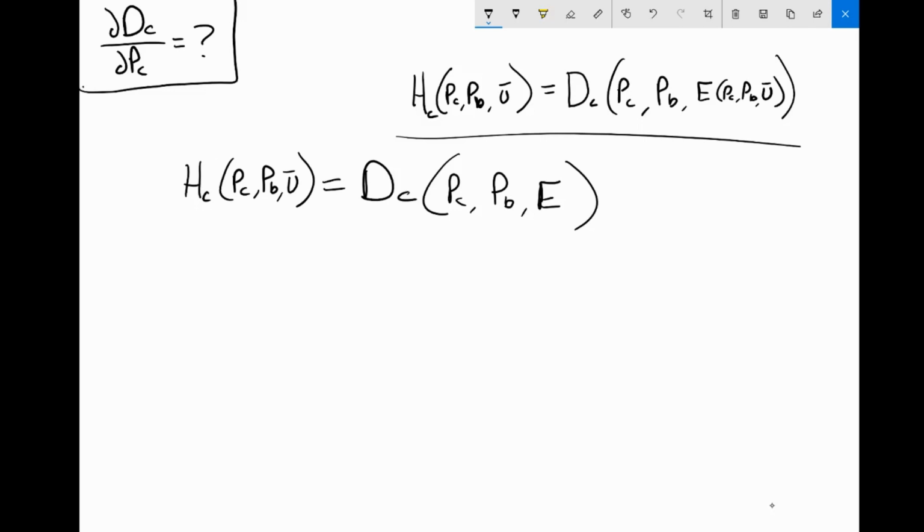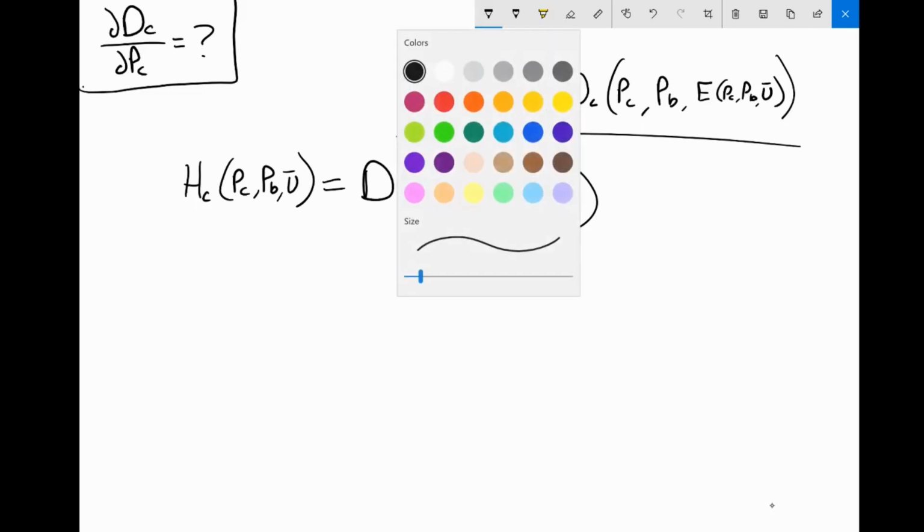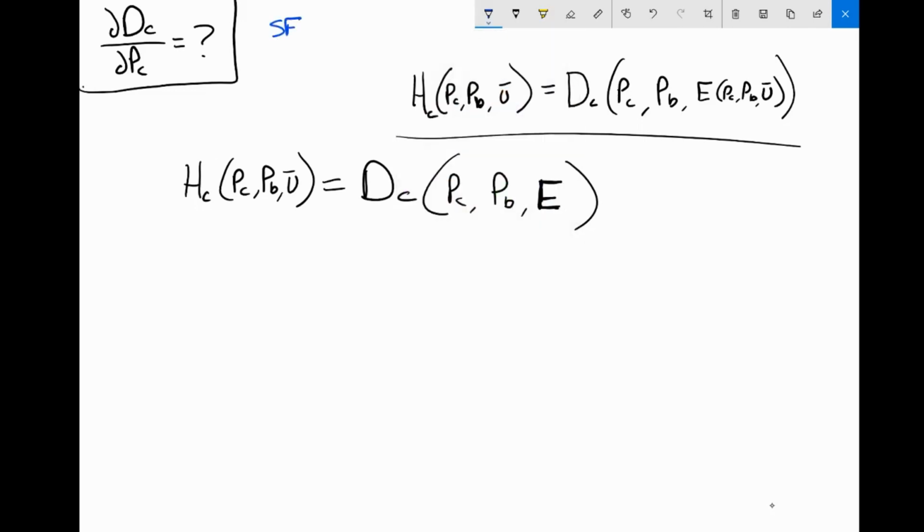But first, for us to know the total effect on demand, we need some way of capturing the substitution effect, and we need to capture the income effect. The only way that we can capture the substitution effect is by looking at the compensated demand function, because I've already shown you graphically that the compensated demand function accounts for the substitution effect.